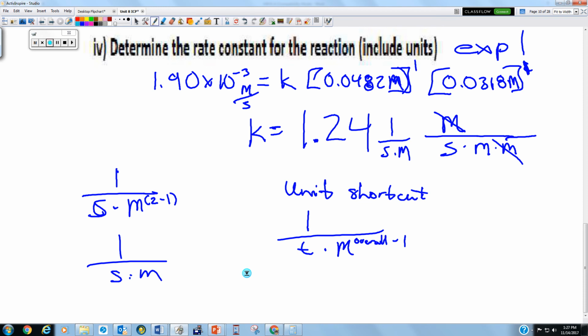So that's a shortcut to getting your units. And if it was in pressure rather than molarity, you would just replace it with whatever the pressure units are, like millimeters mercury or torr or atmosphere. Overall order minus 1.